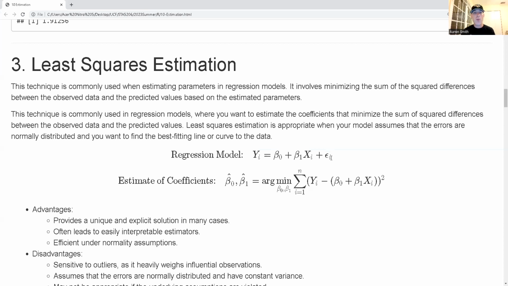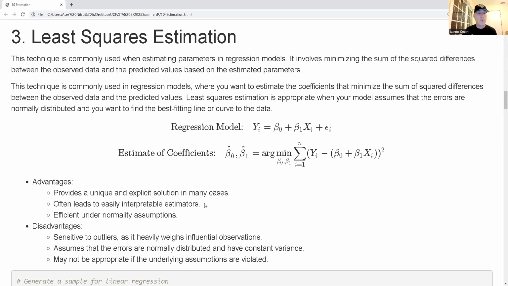So what I'm going to do is find the values of the intercept and slope that minimize the difference between the observed data and the predicted value, squared, all added up. So in a sense, I'm trying to minimize the difference between my observed data and my model.